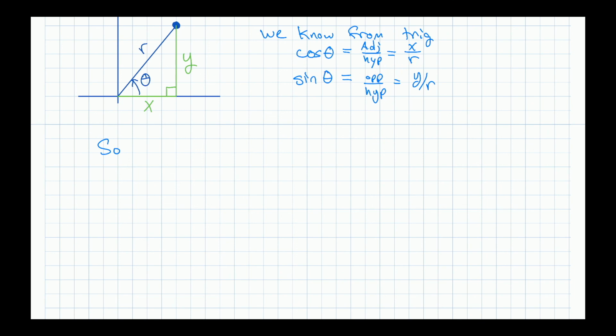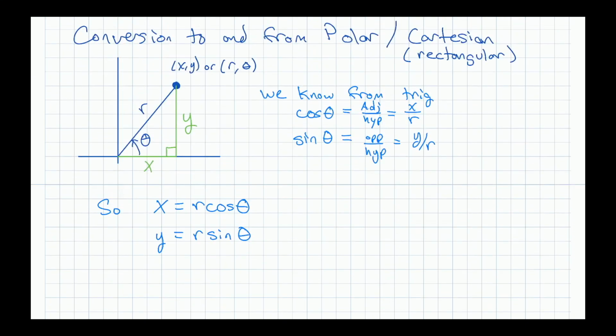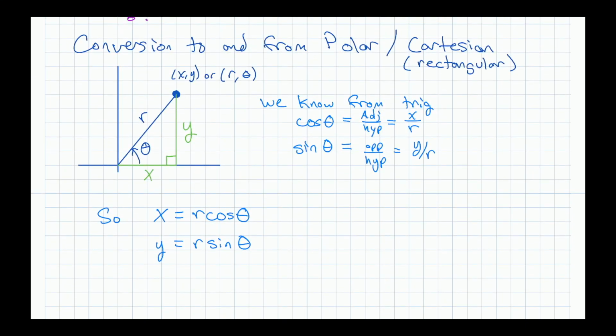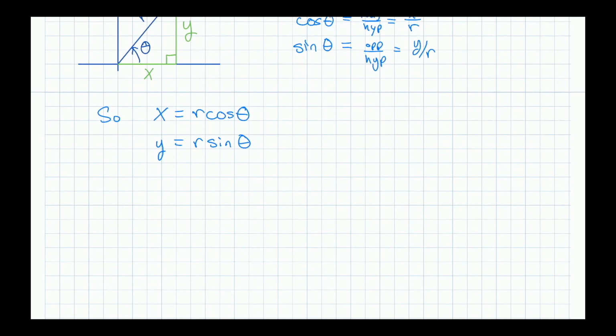Then x is equal to r cosine theta and y is equal to r sine theta, like that. You just use these equations, and that's how you would convert from polar to Cartesian.